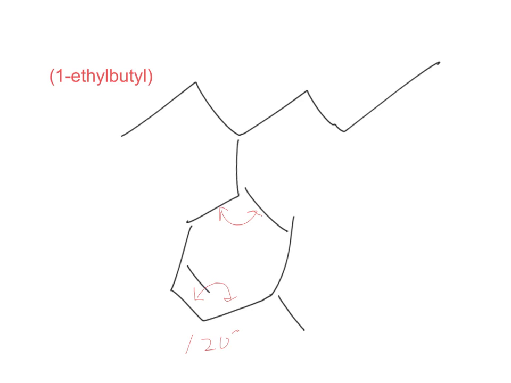But that's about as difficult as I think that gets. You could have a 2-ethyl. If instead this ethyl group was really hanging off here, then it would be a 2-ethylbutyl, because it'd be hanging off the second carbon of the butyl group. Okay.